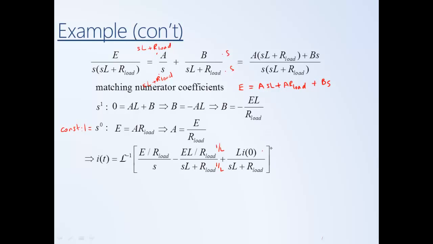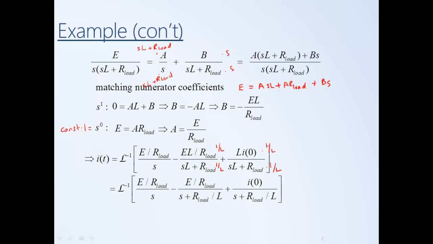We need to divide through by L in the numerator and divide through by L in the denominator. Doing that, this L cancels out. We have to distribute, so this R load ends up being divided by L. In the numerator, that L cancels out. Over on this term, this L cancels that L, this L cancels that L, and we again end up with a plus R load divided by L.